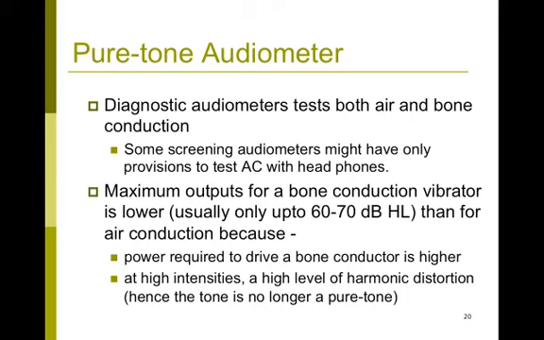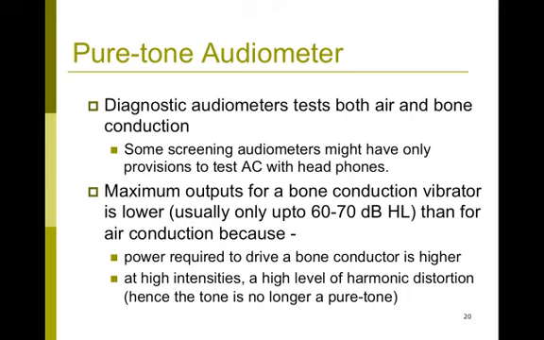In most audiometers, the highest level that we can test in bone conduction is typically only about 60 or 70 decibels, while in air conduction testing, we might be able to test all the way up to 110 or 120 decibels. The reason for that limitation is that to vibrate a bone vibrator, you need a lot more power, so we might be limited by the power of the audiometer.